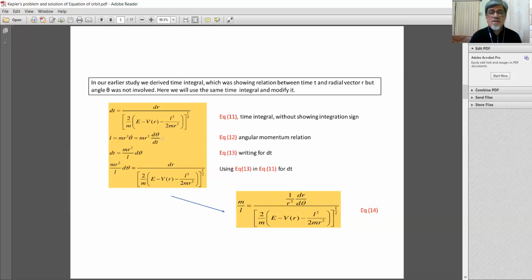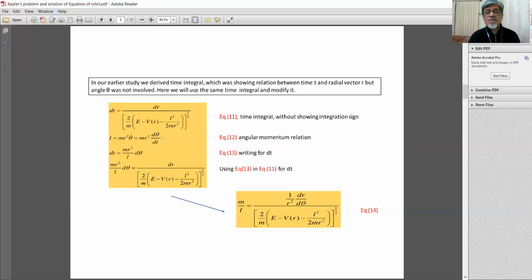That is the very standard relation for angular momentum L. Now that can be rearranged as dt equal to m r square divided by L d theta. So in the above equation 11, we can put this and write m r square divided by L d theta equal to dr divided by the big term.